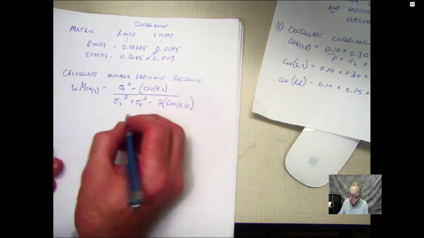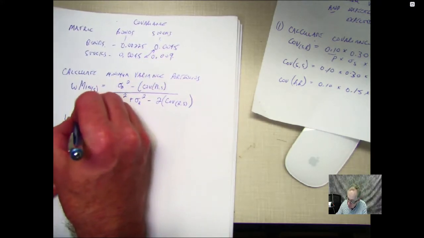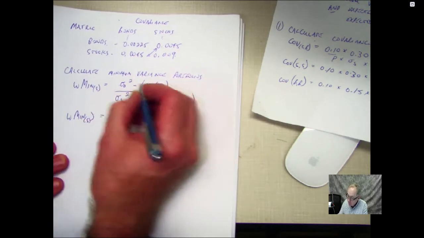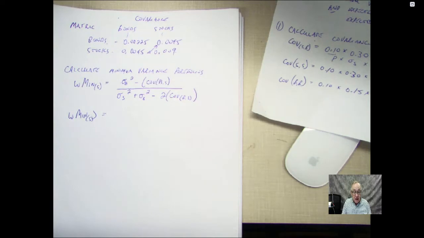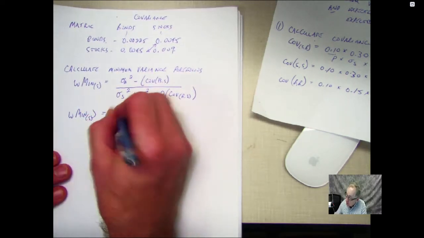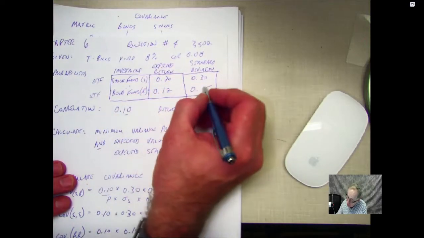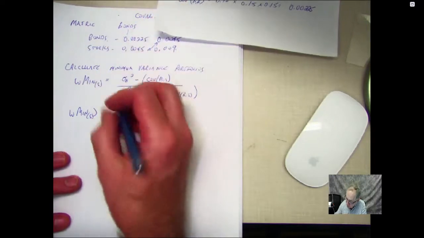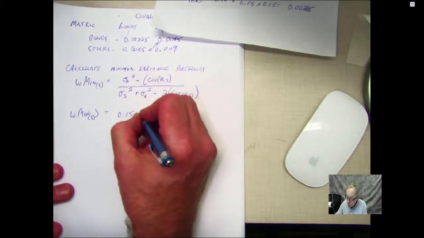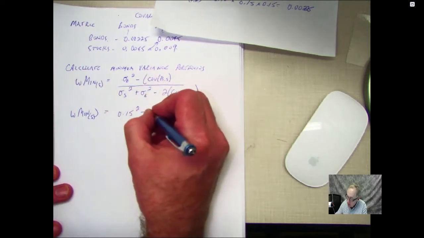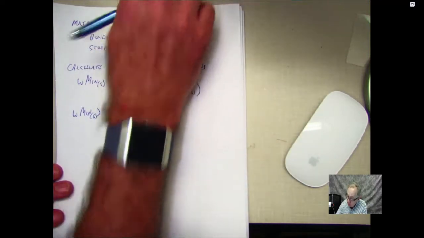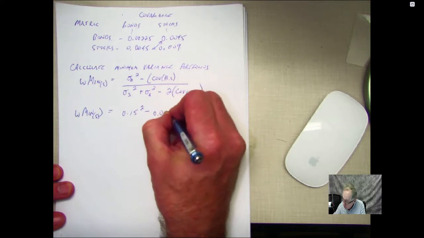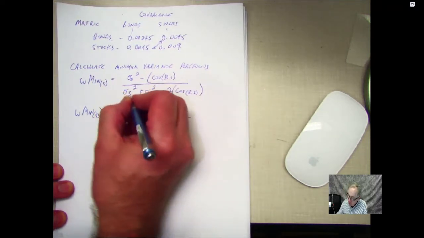Substituting here, the standard deviation on bonds, back to our first table, is 0.15, and we square that to bring it back to the variance, minus the covariance of bonds and stocks, which is 0.0045, divided by the variance on stocks.